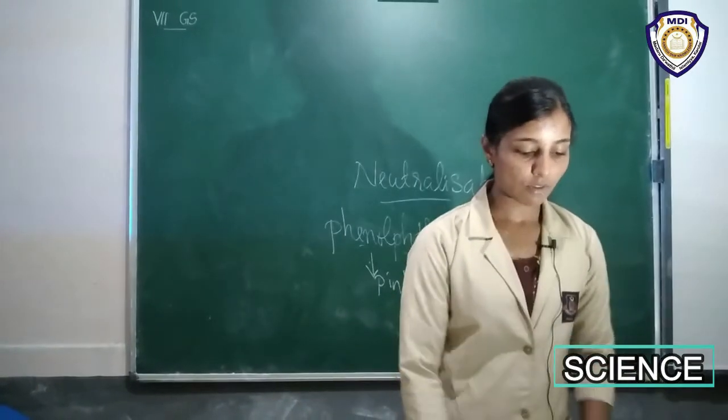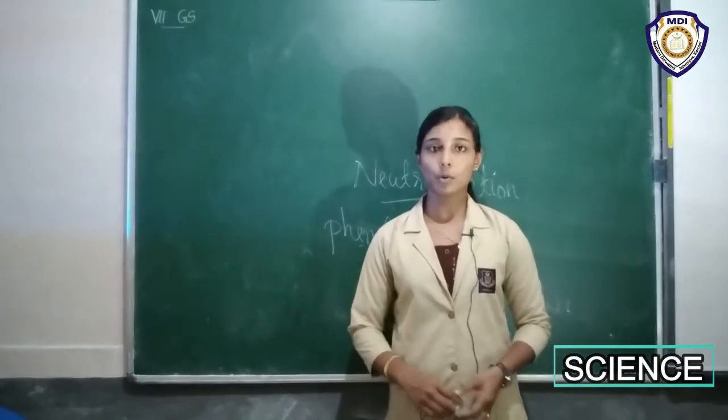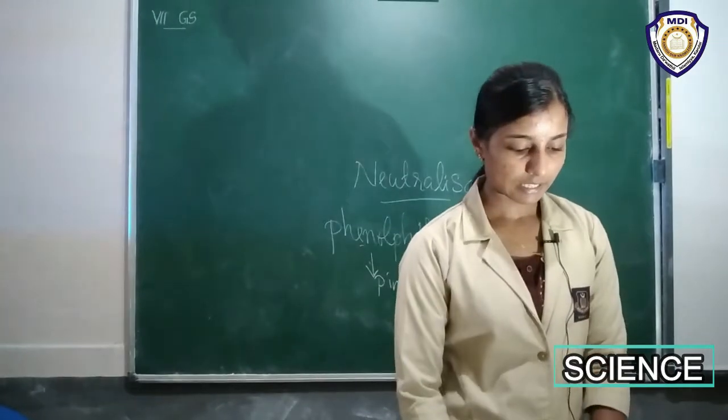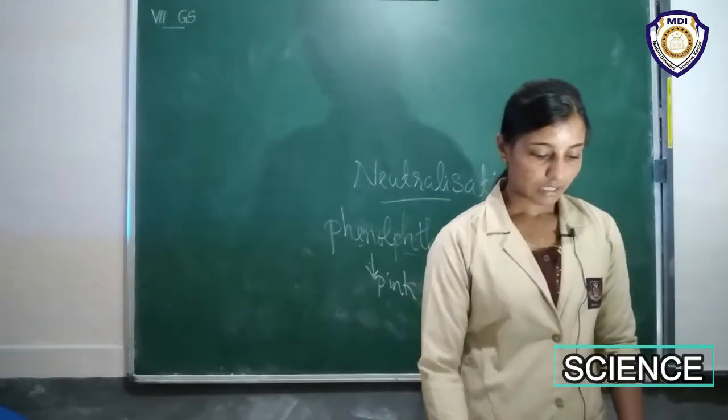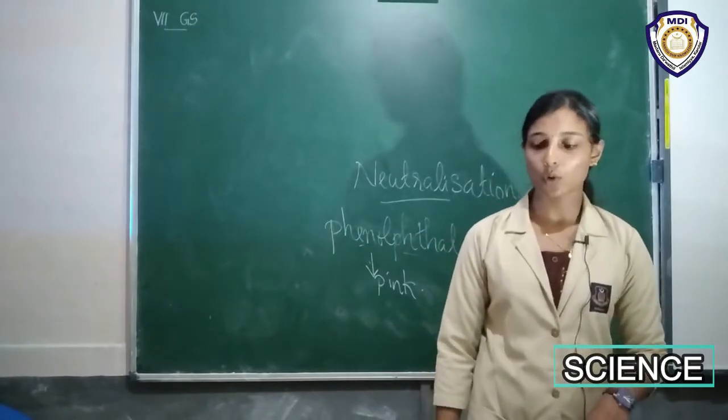And here we have Activity 5.5. This is also something we have to do in our laboratories, okay? Let us discuss the activity. Fill 1/4 of the test tube with dilute hydrochloric acid.